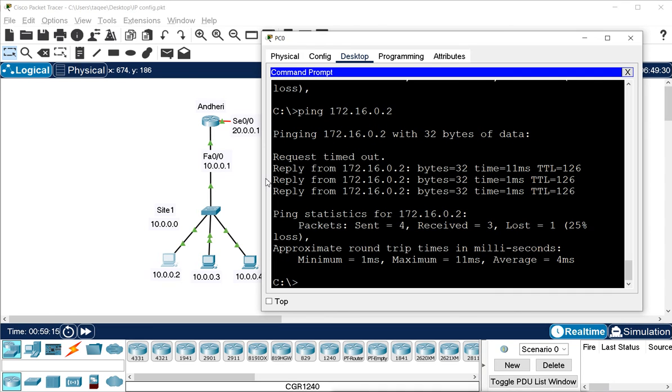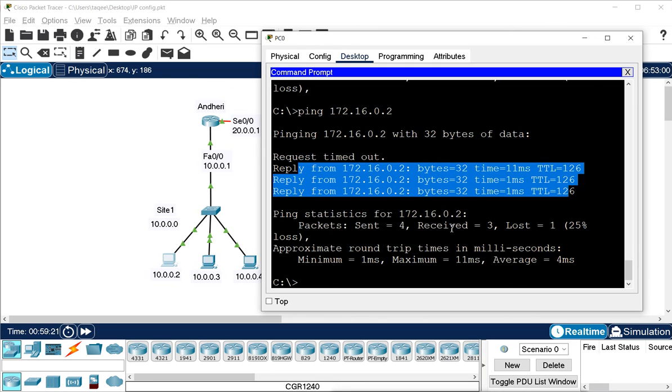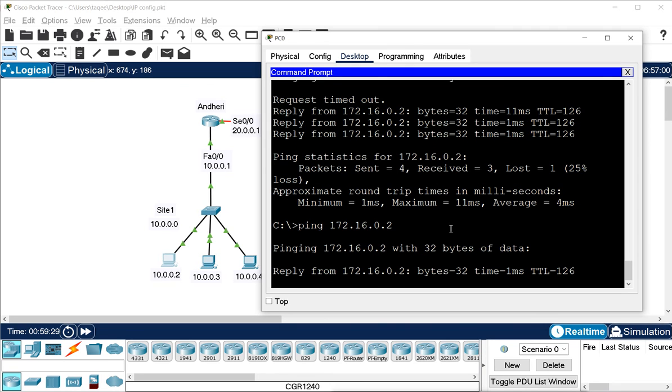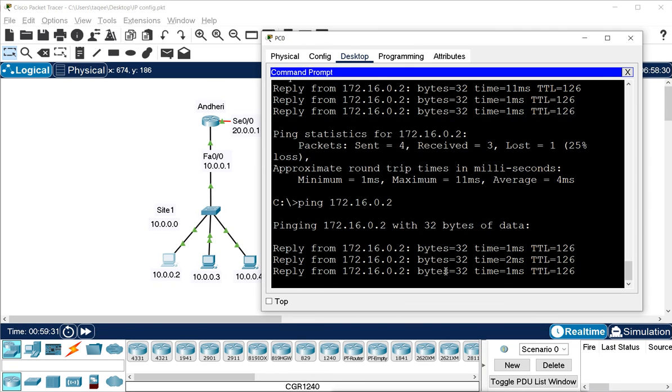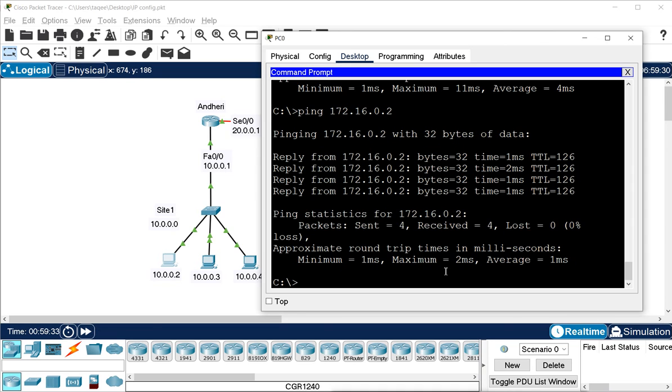Now what we get here, we lost the first packet, but the rest of the three packets reached, and we get the reply. This happens the first time when you do the ping, but next time when I do it again, we don't lose any packet. Now again I will try to ping the other machine, this next machine.